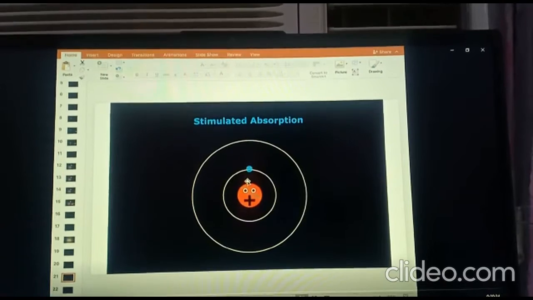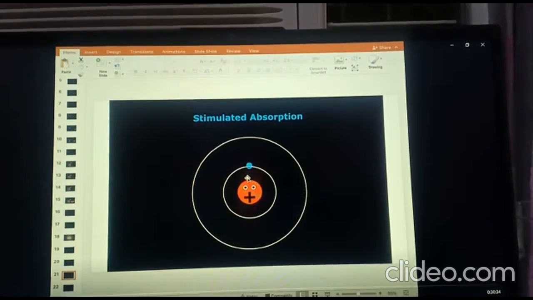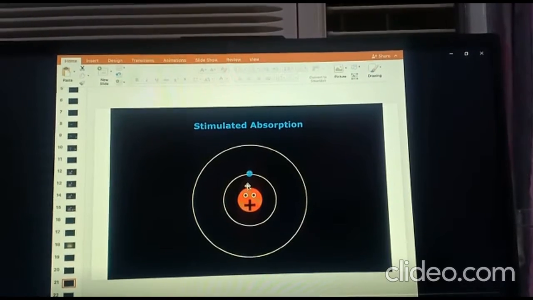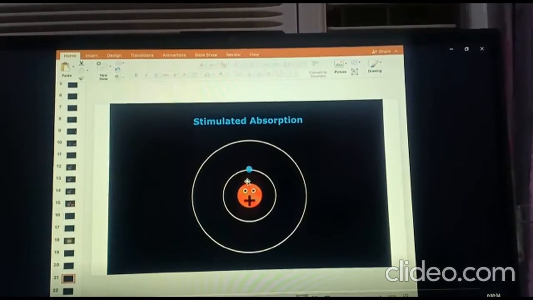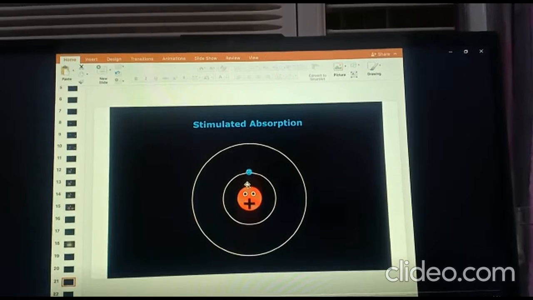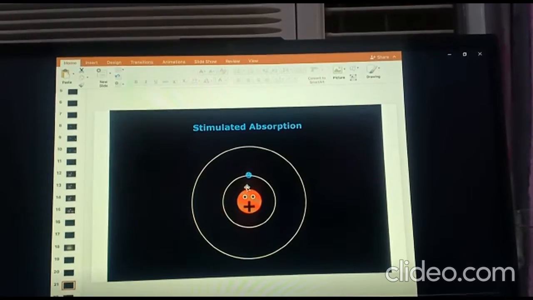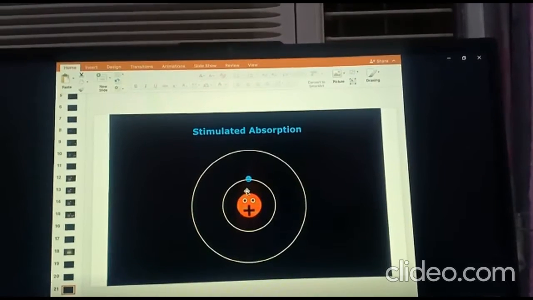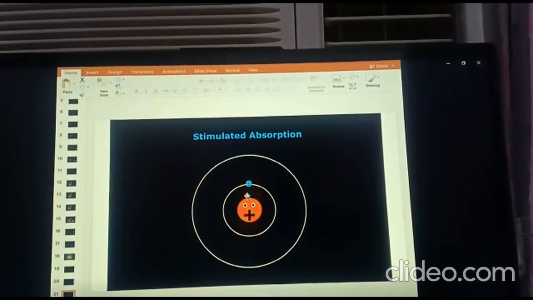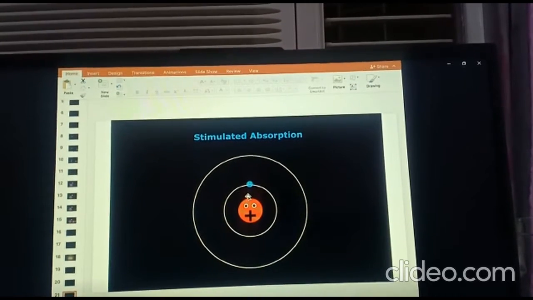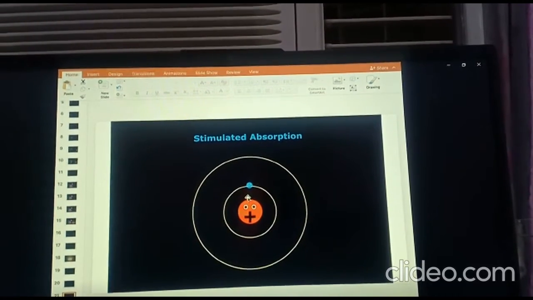Okay guys, first let me explain the two terms, stimulated and spontaneous, so that you might not get confused. What is stimulated and what is spontaneous? Whenever you try to force someone to do something, you stimulate them to do that thing.